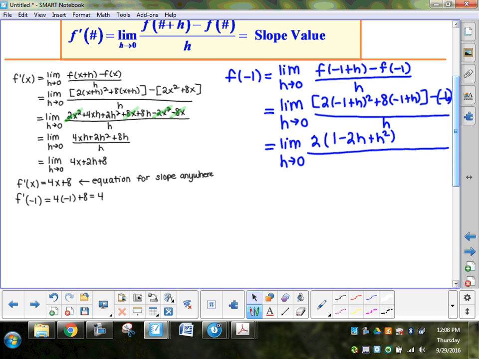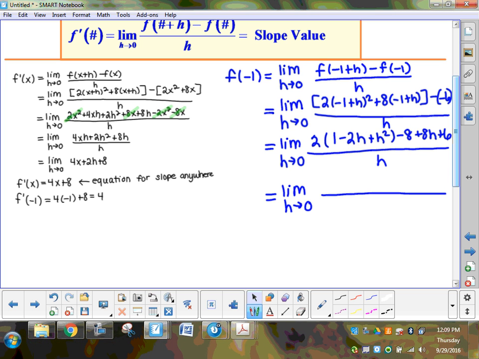Now I can distribute out an 8, so this would be -8 plus 8h minus 6, minus -6, so it's plus 6, all over h. Look at the numerator. What is it going to be, Josh, after I distribute out the 2? 2 minus 4h plus 2h squared, minus 8 plus 8h plus 6, all over h.